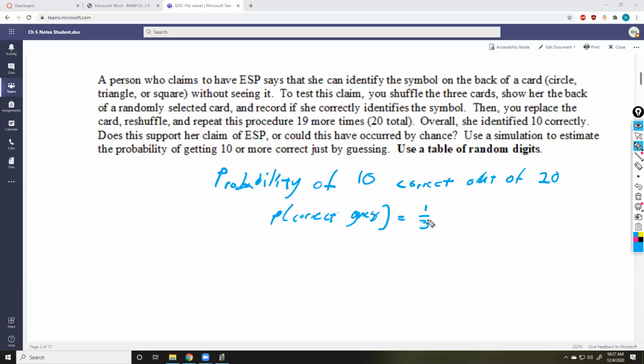Well, if they have 1/3 chance, then you should have a guess as to the overall expectation of how many we should expect them to get correct out of 20. Probably about 1/3 of the 20. But what's the probability of guessing at least 10, so that we're not having some kind of exact estimate here.